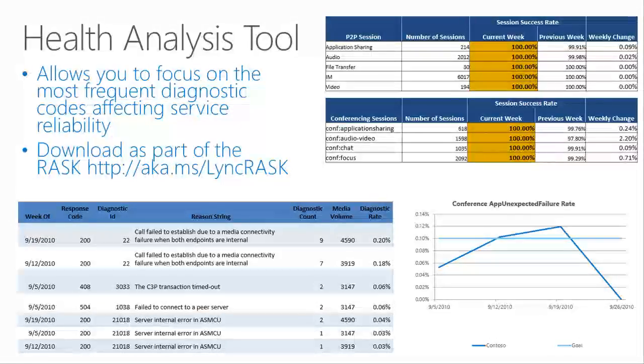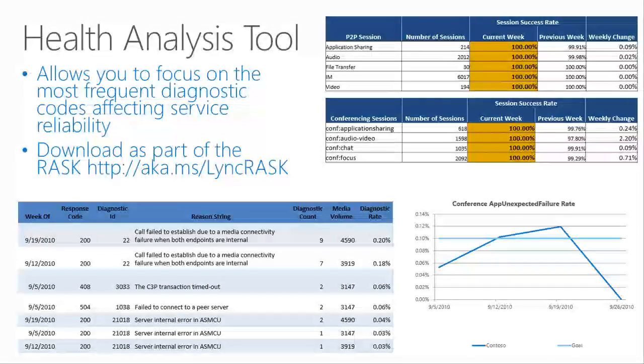If you are not quite meeting your goals, you can go to one of the following pages where you can drill down and ask what happened during this time period. Why did I have a spike or a dip in my session reliability for a particular modality? There you can see a graph of when things were happening. You can also filter and see how many occurrences I had of a specific diagnostic ID during the week.